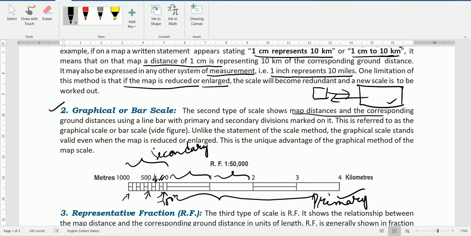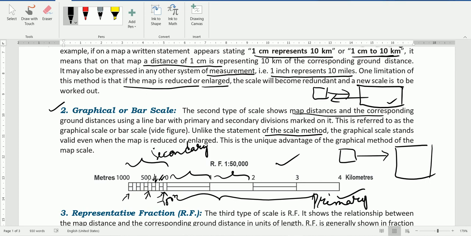Unlike the statement of scale discussed earlier, the graphical scale stays valid even when the map is reduced or enlarged. When the map is enlarged or reduced, the scale still remains valid. It doesn't get affected by enlargement or reduction of the map.